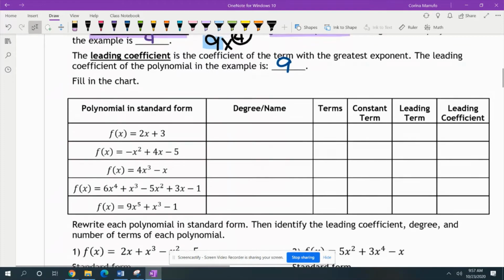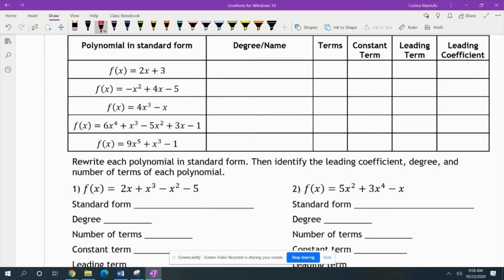Okay, so here we have our polynomials in standard form already for us. They want us to put the degree and the name, how many terms we have, the constant term, the leading term, and the leading coefficient. This polynomial is a first degree polynomial because the x is to the first power. So the degree is 1.